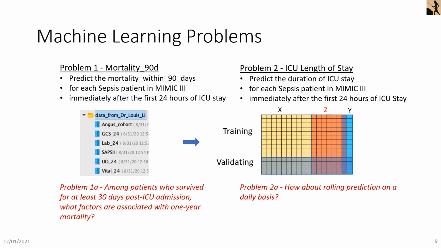But for whatever you try to predict, for example, here to predict immediately after the first 24 hours, any record or attributes that will be available after the first 24 hours is kind of peeking into the future. So that's what we call the information leak in the machine learning model.